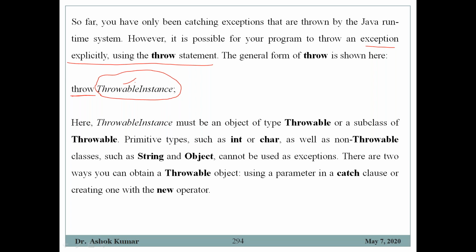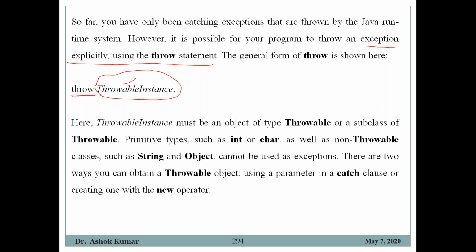We will discuss both of these cases. The throwable instance can be a subclass of the Throwable class, right? Or it can be a user defined class or inbuilt class as well.